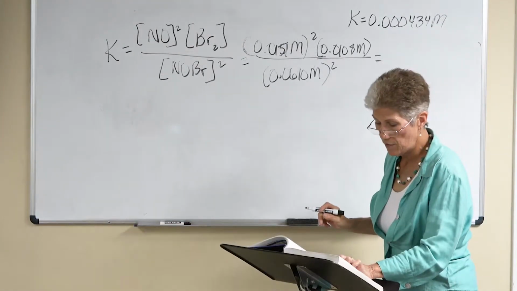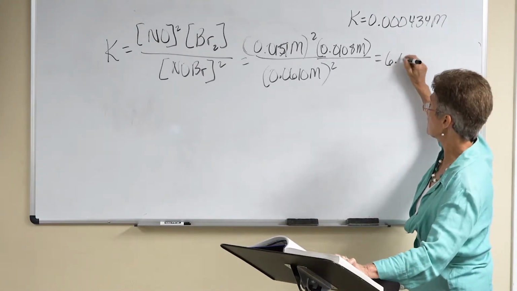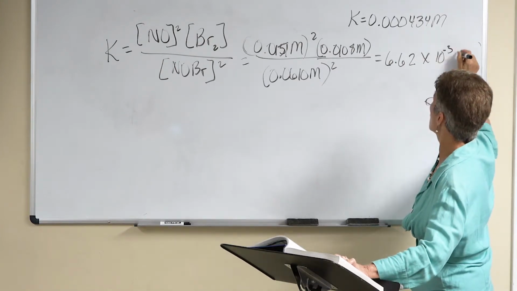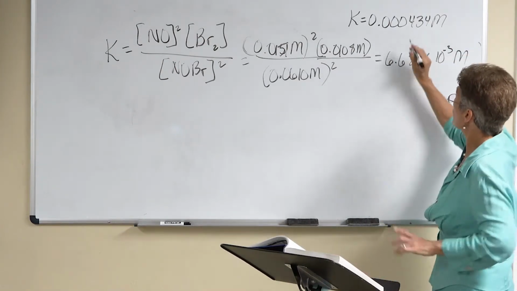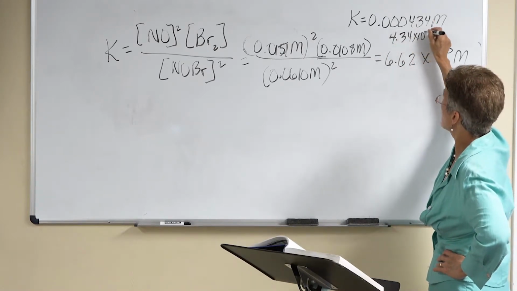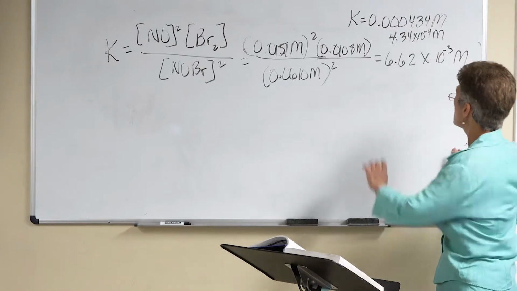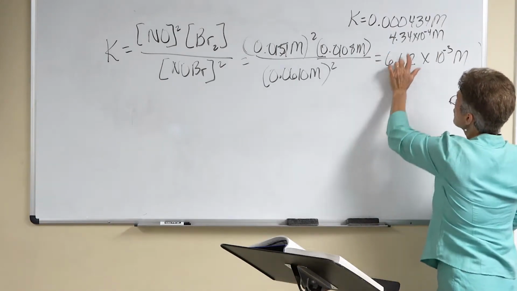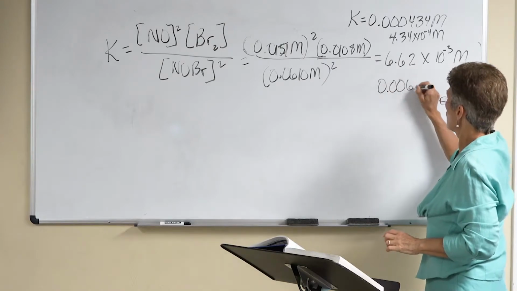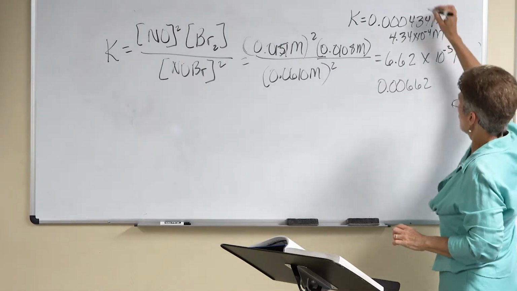Still all 3 significant figures. We come up with 6.62 times 10 to the negative 3rd molar. Now remember, this is actually 4.34 times 10 to the negative 4th molar, just so you can see it. So this is a larger number than this one, isn't it? And if you want, I'll write it out this way so that you can see it.